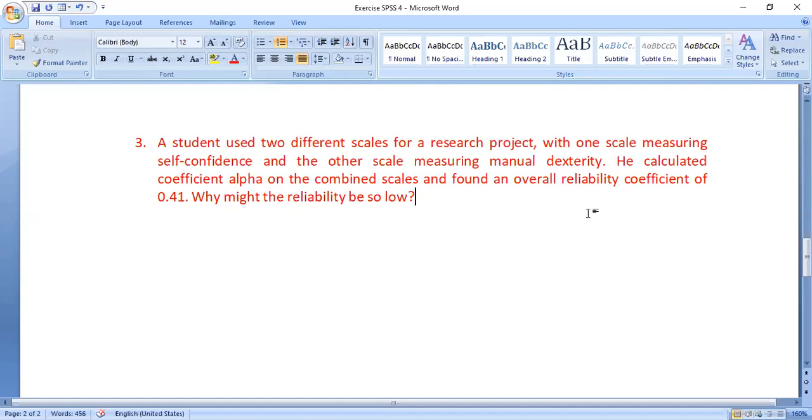Whereas manual dexterity is based on skills, how good you are with your hands to do things. Maybe your coordination with hands, for painting, for writing, or for any skill-related job.